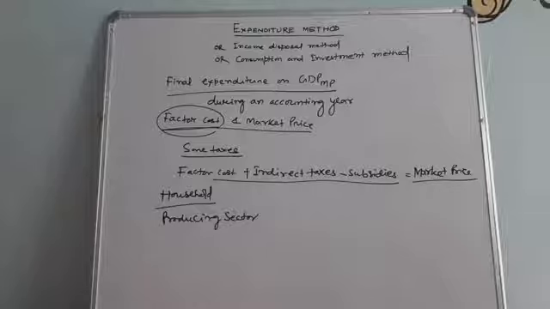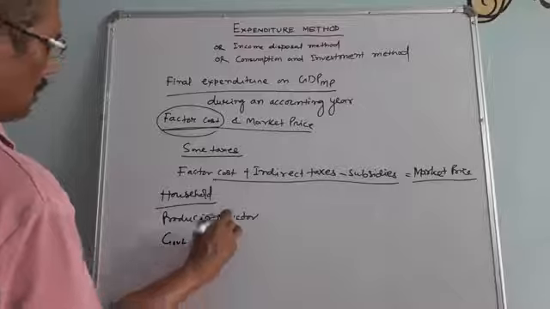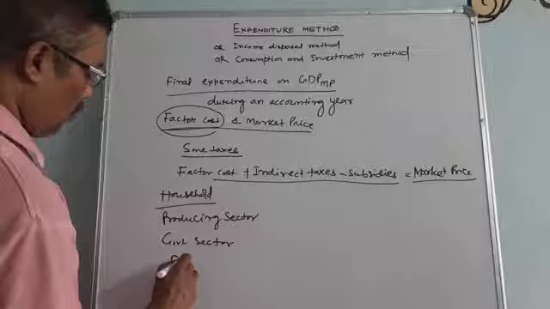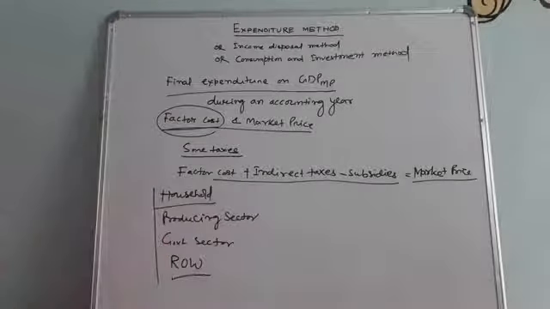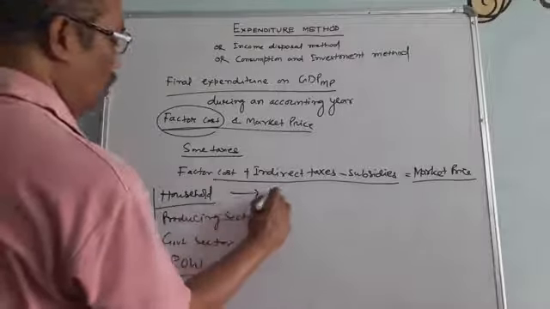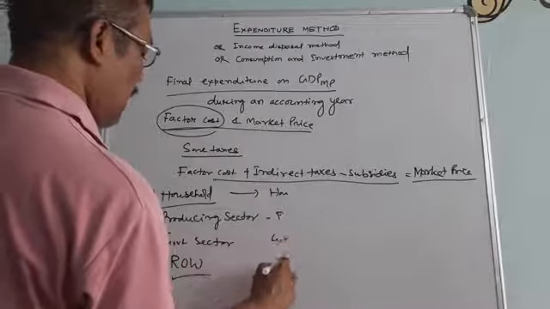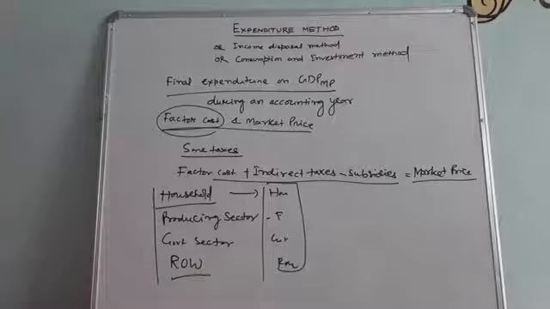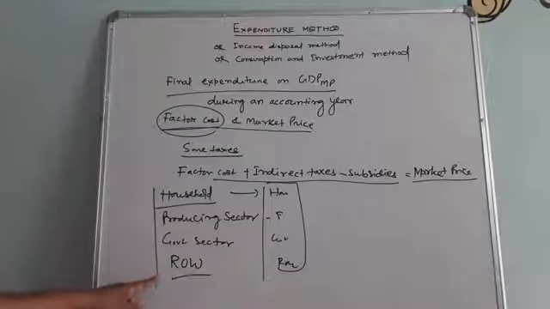Third is the government sector. And fourth is ROW, the rest of the world. We have already known these 4 sectors of the circular flow of income. So these are the four categories of the economy.